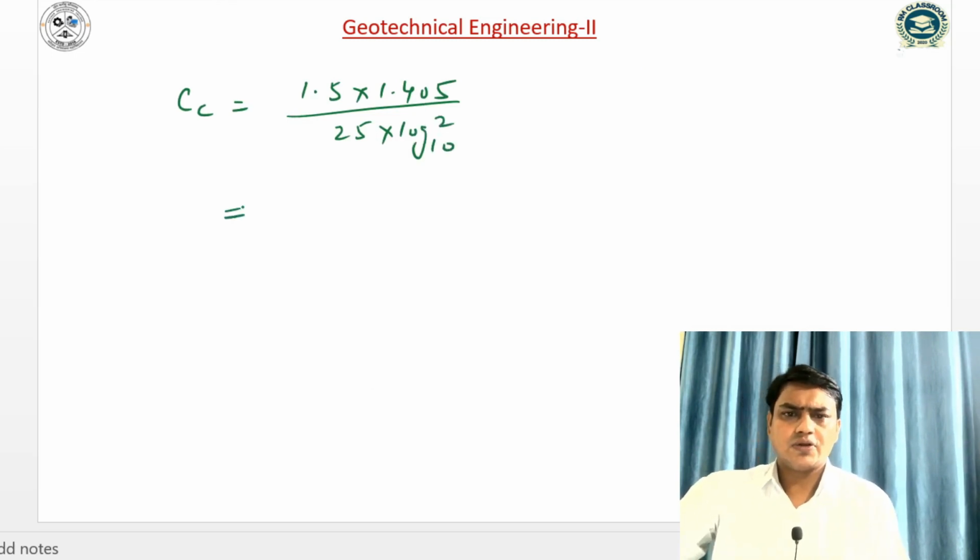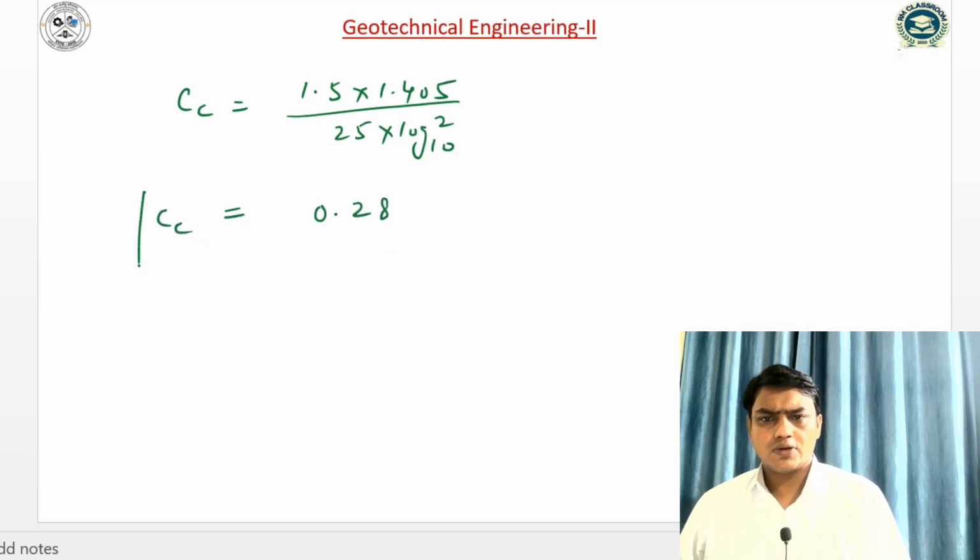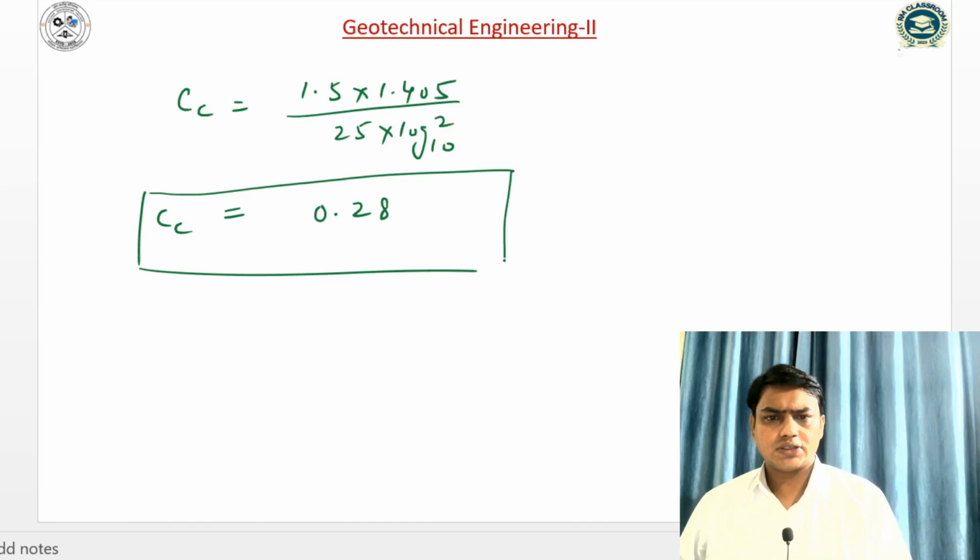So it will be 1.5 into 1.405 divided by 25 into log 2. So Cc is coming 0.28. The coefficient of compression index is 0.28.